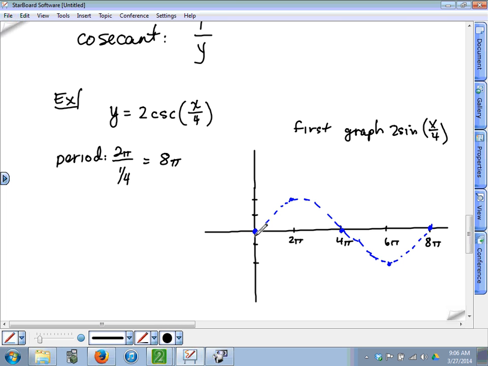Wherever this sine function crosses through the x-axis, that's where you place your vertical asymptote. So there are going to be 3 of them: one right here, one right here, and one right there. Anytime the graph would have crossed through the x-axis, that's where you place your vertical asymptote.